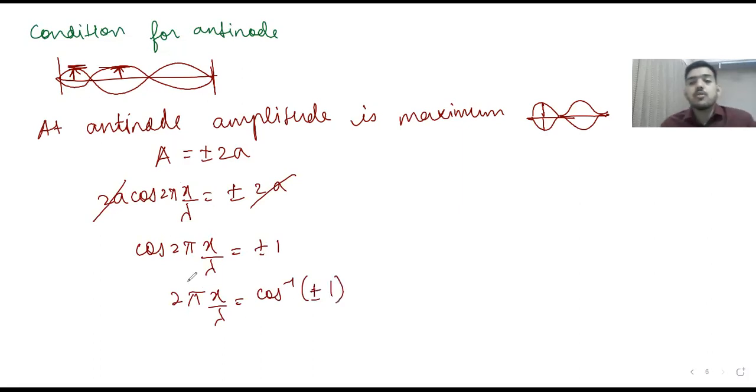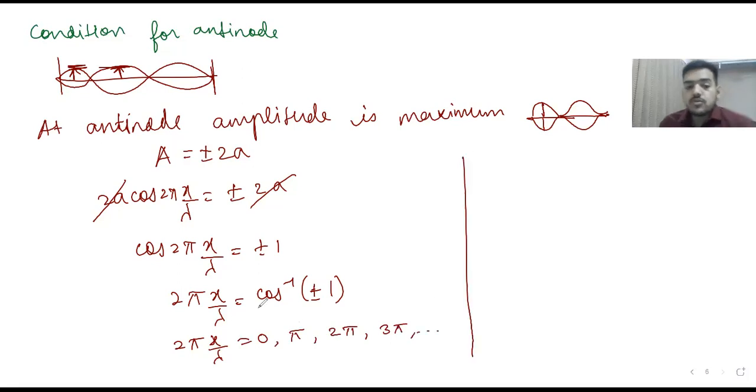So when is the value of cos 1? Yes, at 0 degree. So we will get 2 pi x upon lambda is equal to 0. Also, cos value is plus or minus 1 at 180, then 360 and so on. So 2 pi, 3 pi, and so on.